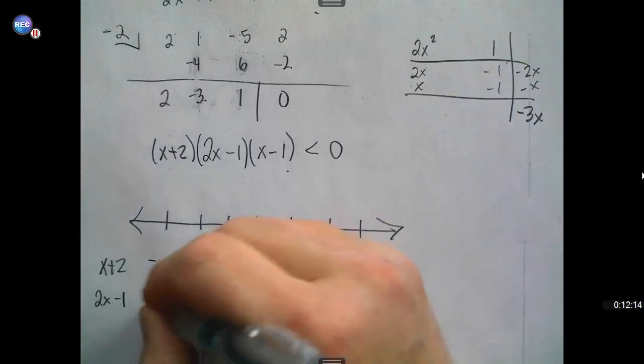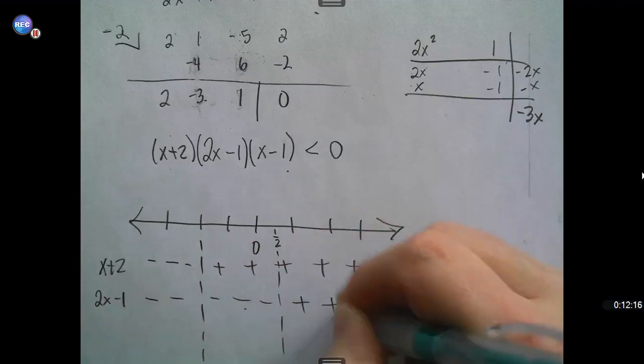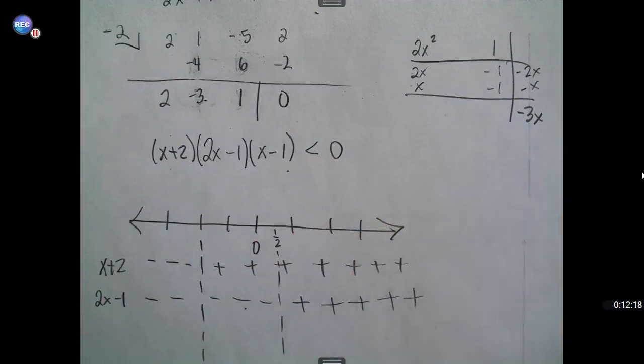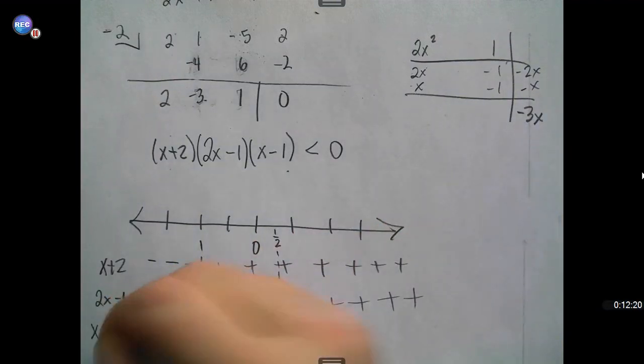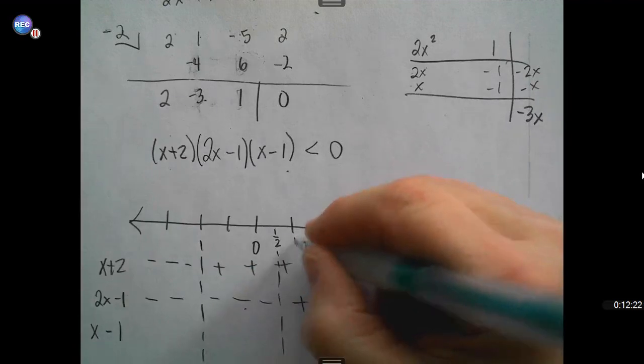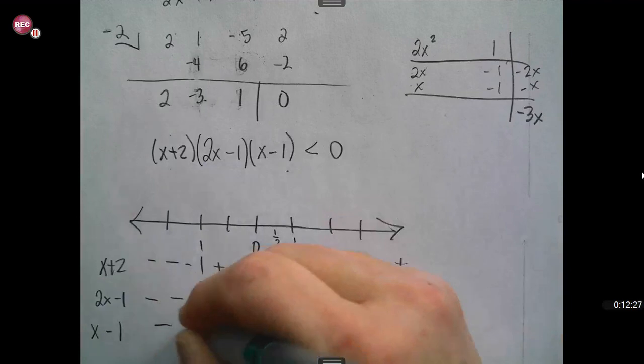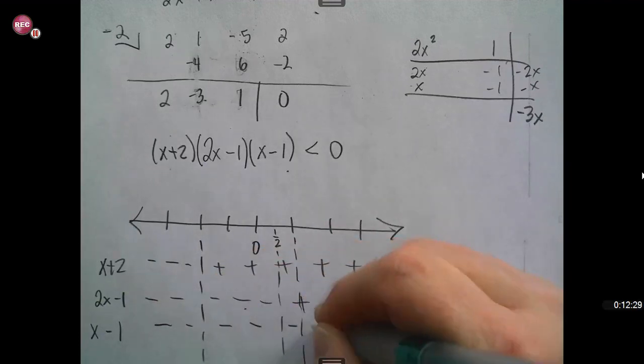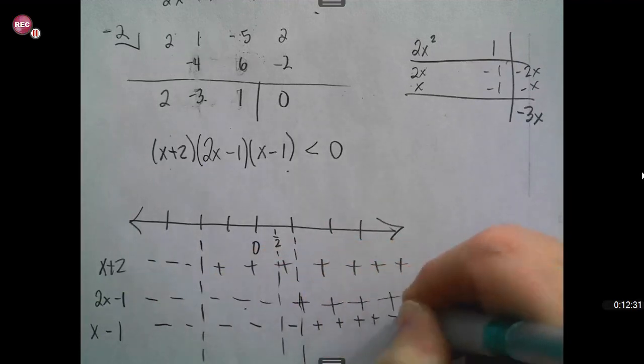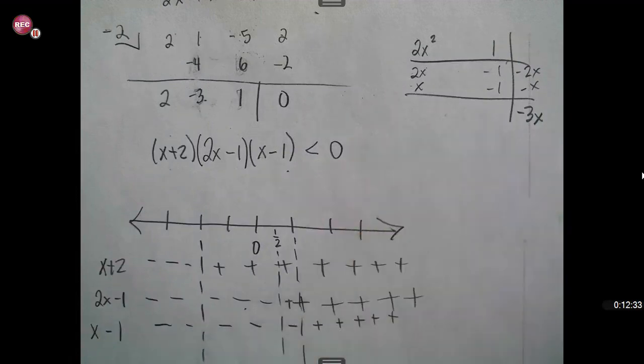And so negative to this side, positive to this side. And x minus 1 is going to be positive at 1. Negative, negative, negative, negative, negative, and then positive. And this one was positive in here.